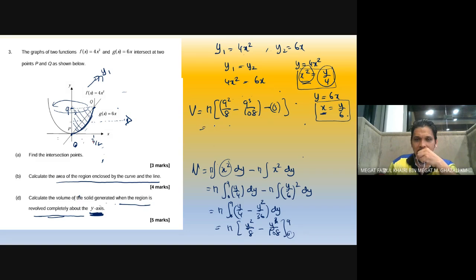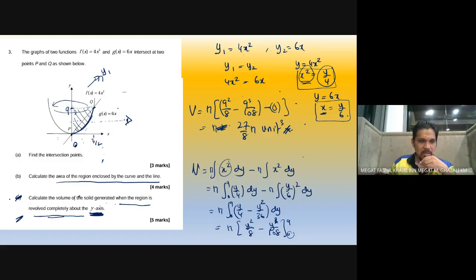So this is 27 over 8 pi unit cubed. Okay, so this is the solution for question C.